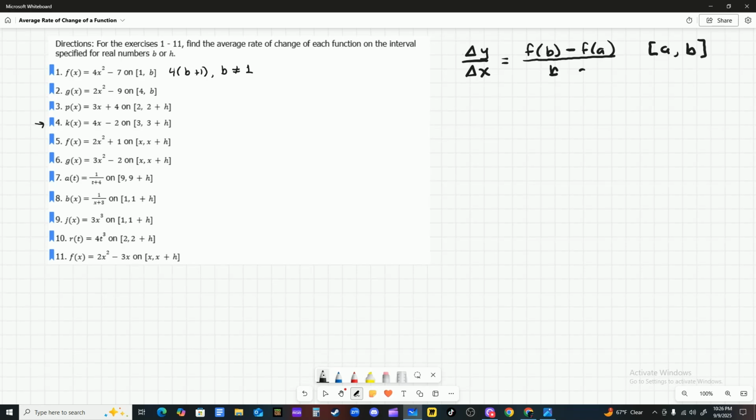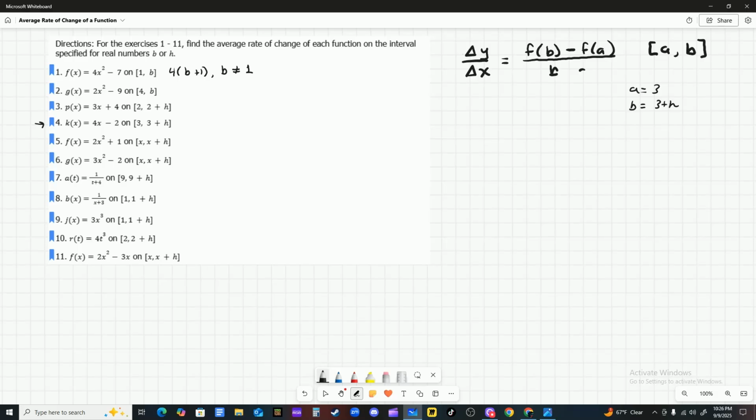All right, here we go. In this case, our a value for number 4 is 3, and our b value is 3 plus h. Okay, cool. So let's do the math.